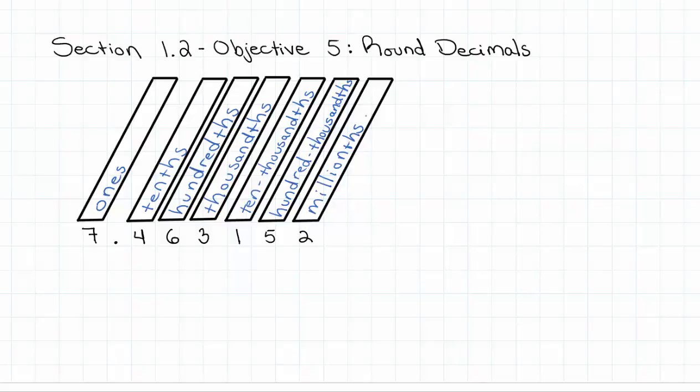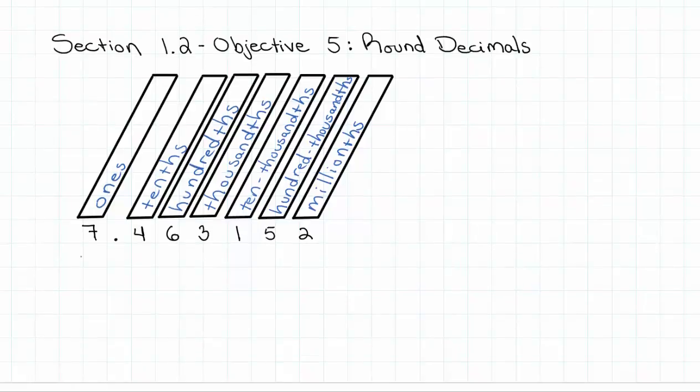Okay. So, for example, if we had the number, let's say 0.3, one way that we could read this number would be to say zero point three.